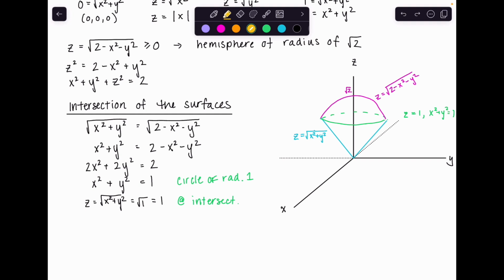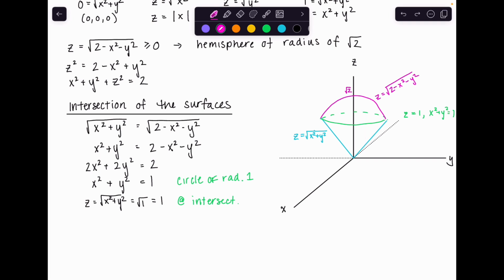Cylindrical is going to work pretty nicely for this, but I do want to set it up in rectangular coordinates. So if I'm thinking of how this goes, my z coordinate is probably the easiest. Your z value is always going to start at the bottom of the cone and go up to the sphere. So my lower limit is going to be the cone, and my upper limit is going to be the sphere.